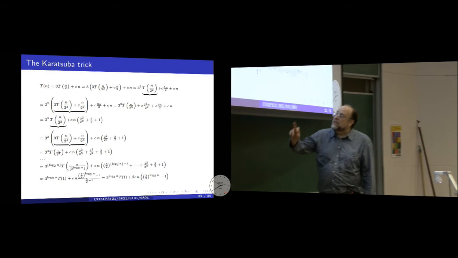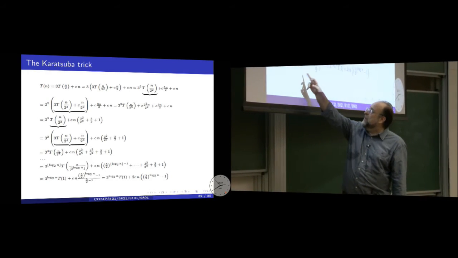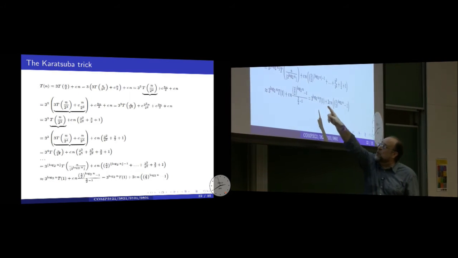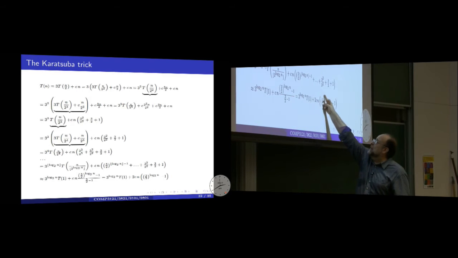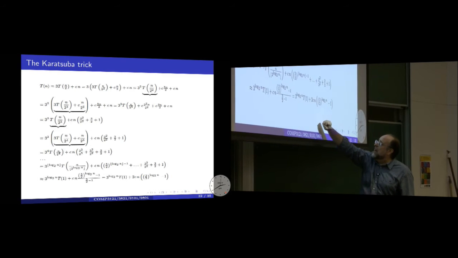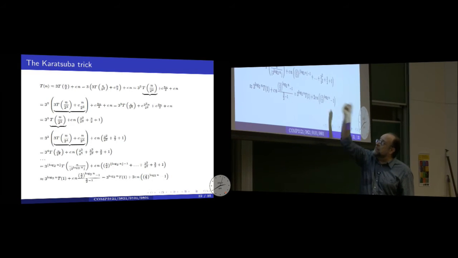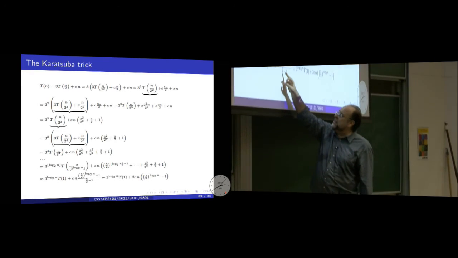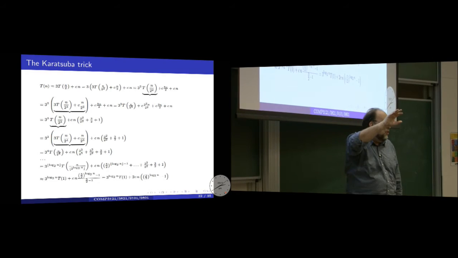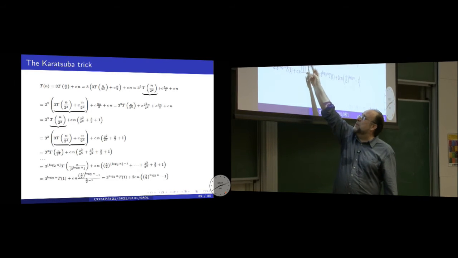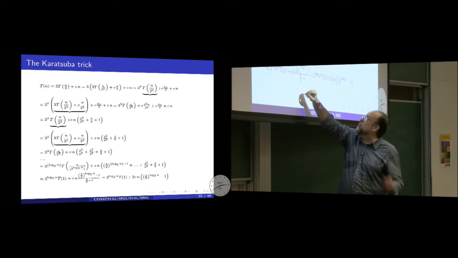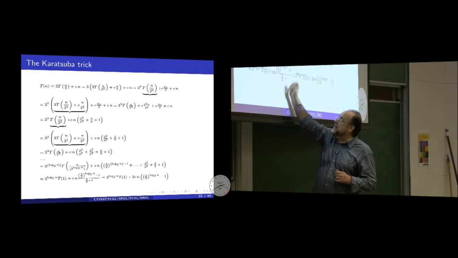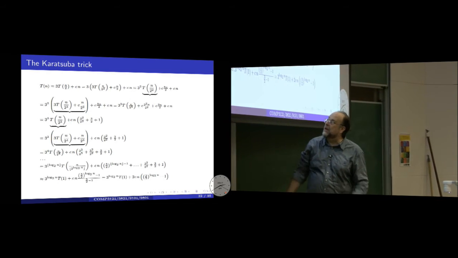Okie dokie. So now, we got this. Now, what is this? Please review. What is this guy here? Well, this is just a geometric series, right? And the sum of a geometric series with quotient q is q to the power of the last power plus 1, minus 1, over q minus 1.